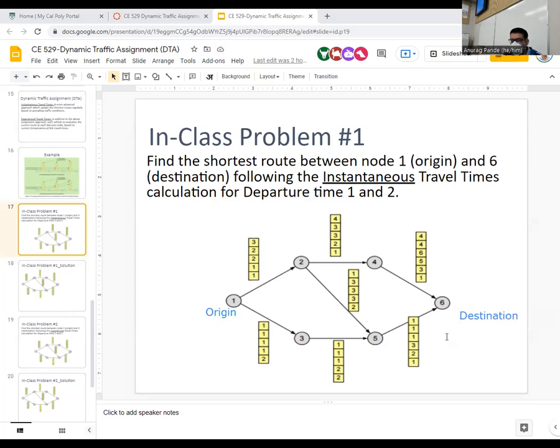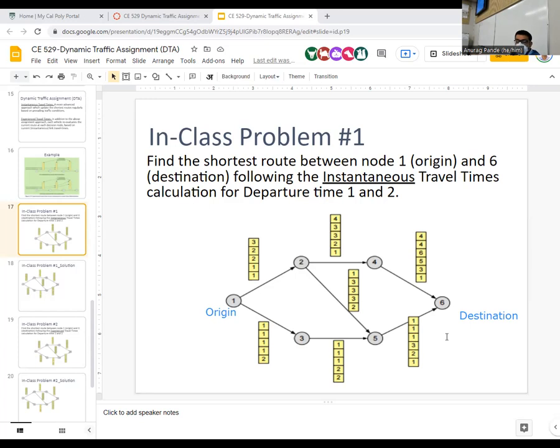And then these are all one-way links that go from origin to destination. If you look at node 1 being the origin, node 6 being the destination, they have sort of different travel times, and your goal is to find the shortest route between node 1 and node 6 following the instantaneous travel time.